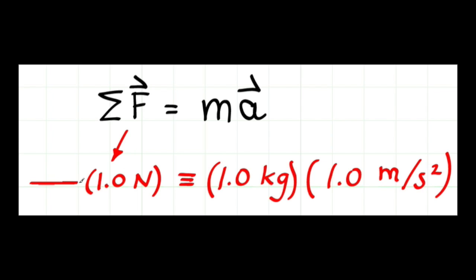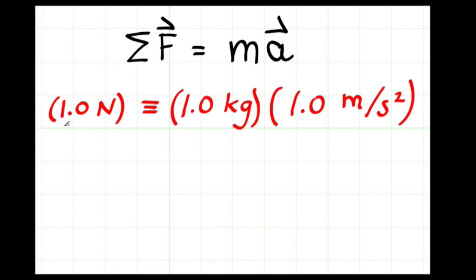And the key idea is that this is a definition and you have to memorize this or look it up. So again, by definition, 1 Newton of force is the amount of force that will accelerate 1 unit of mass at a rate of 1 meter per second squared.